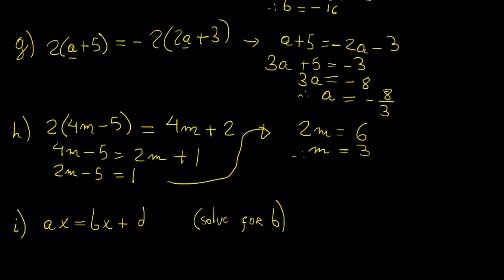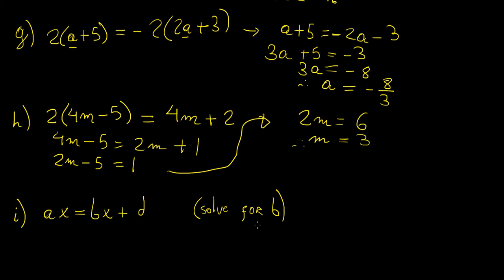Alright, and in this last question, we're given an equation that has nothing but letters, but we're asked to solve for b. So we want to have an expression for b in terms of everything else. In order to get b, the first thing we could do is subtract d from both sides to get rid of this on that side. So we could get bx equals ax minus d.